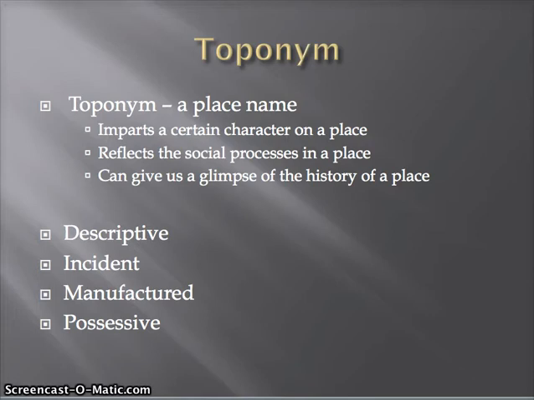It can also reflect social processes in a place. It can also tell us a little bit about the history of a place. So place names are extremely important, whether it is the name of a country, the name of a capital or a city, the name of a town, the name of a building, the name of a business.